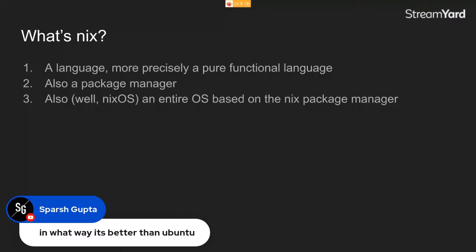Nix solves this. Nix solves this in a different approach. Instead of trying to create system level packages, it stores what are called derivations in Nix, and it does not create any system level links.